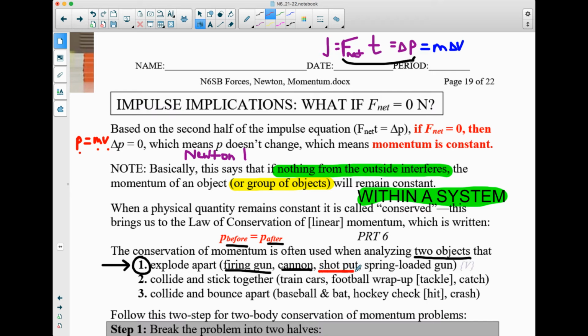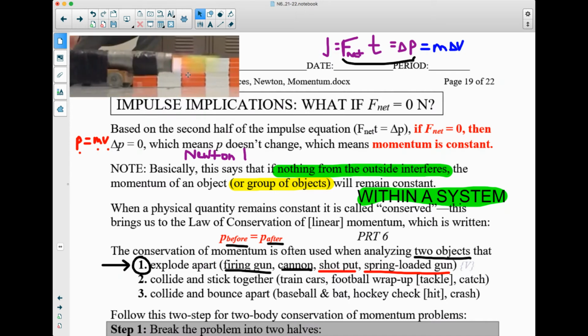Throwing a shot put actually counts. Doesn't have to be fire and brimstone. Explosion just means two things that start together and push apart. Even a spring-loaded gun, a little rubber band gun or something, all of these things qualify as explosions. We'll generally tend to focus on firing a gun or shooting a cannon just because they're very easy to see the explosion.